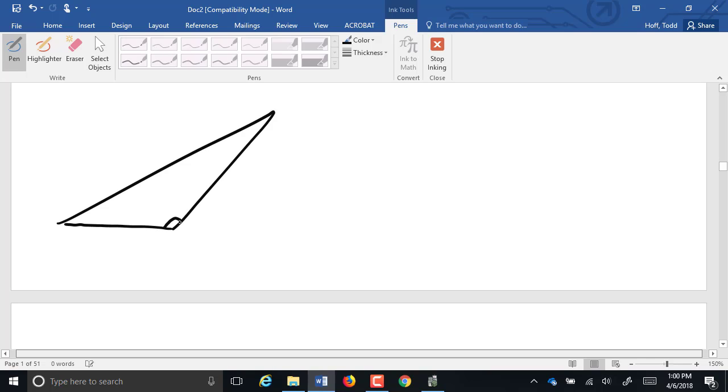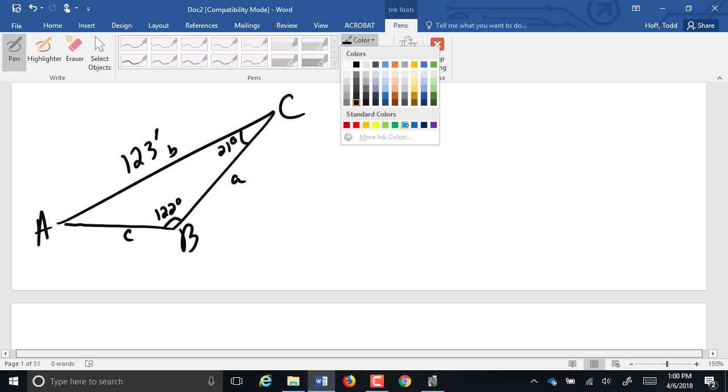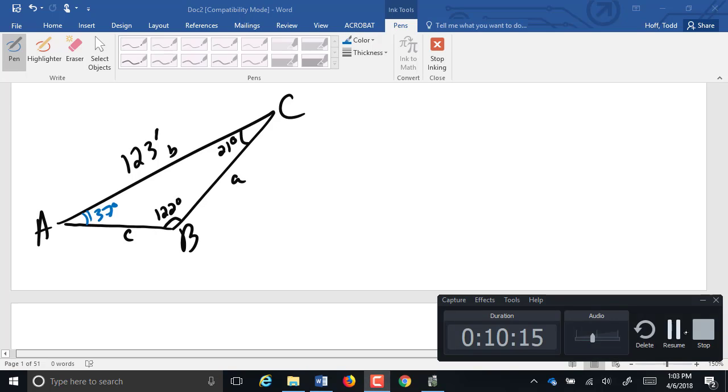I'm going to give you this angle here, 122 degrees. This one up here, 21 degrees. And we'll call this side over here 123 feet. Find the missing sides and the missing angles. I'll give you a couple minutes.